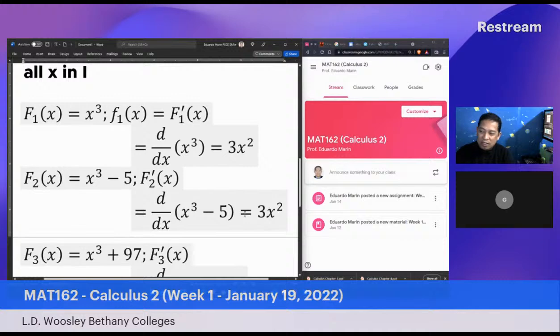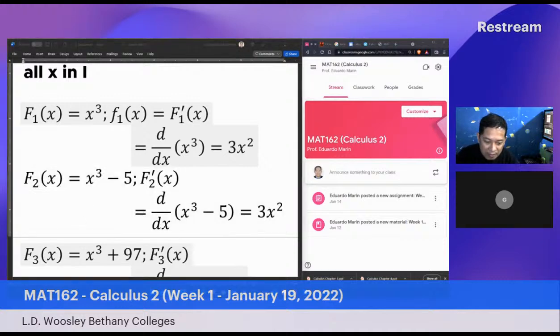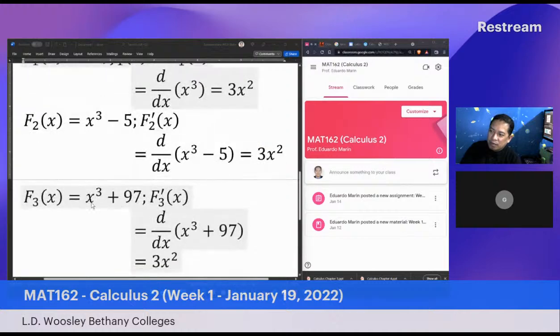That's the point there. That's why sometimes we have a general solution, which we get by generalizing all of the constants. As you can see, f of 1 has a constant of 0, f of 2 has a constant of negative 5, and f of 3 has a constant of positive 97.